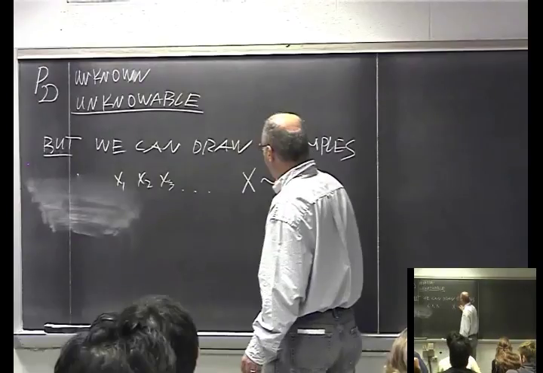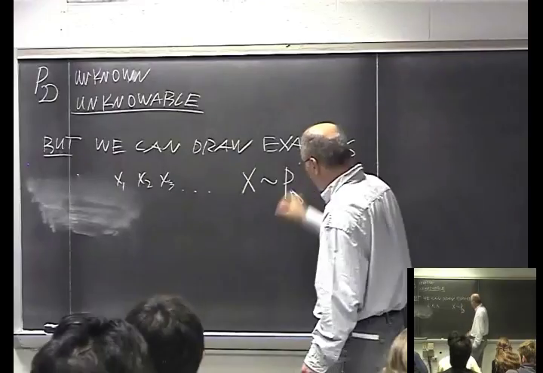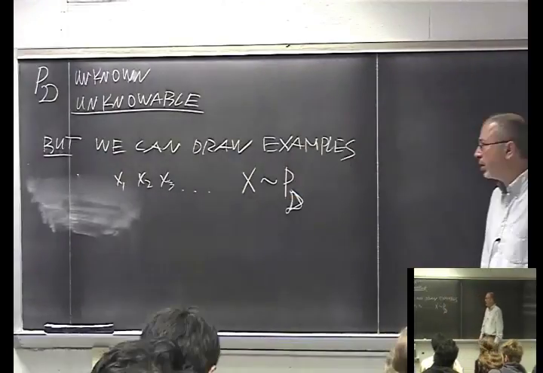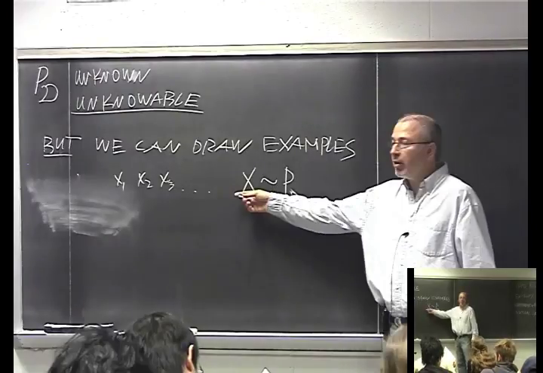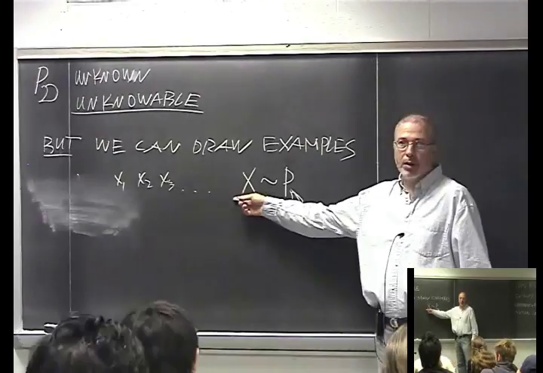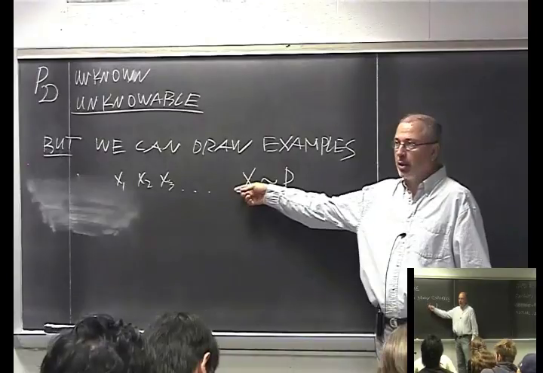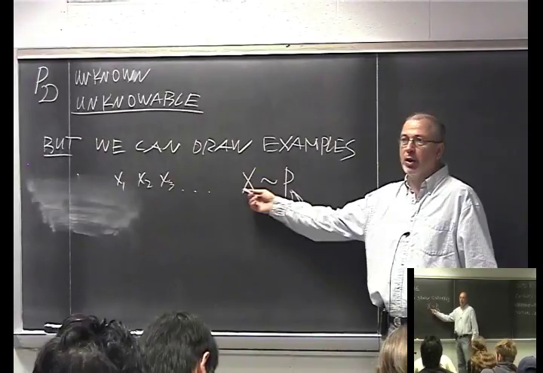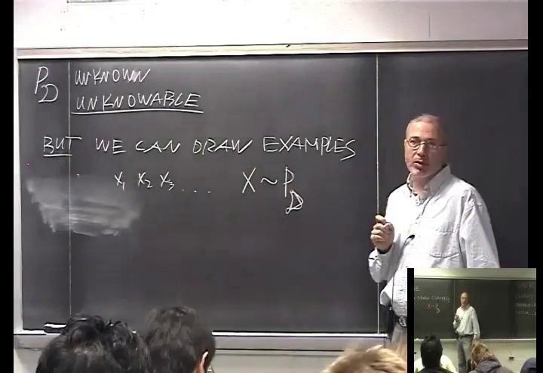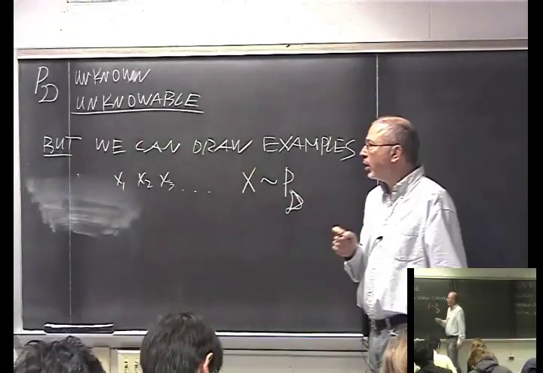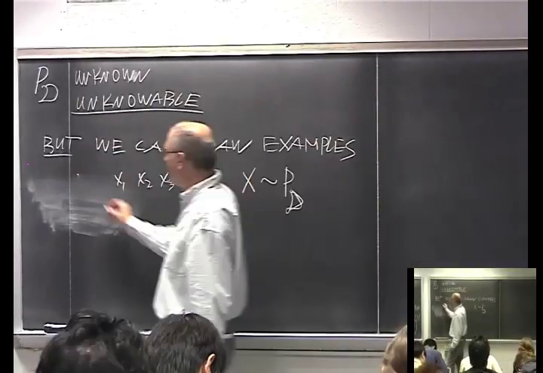X comes from the distribution P. This is standard notation in probability theory to say that the random variable x is drawn from or behaves according to the distribution. Is distributed like this function. The actual data that I got will be up to xn. I will call regular D for data.